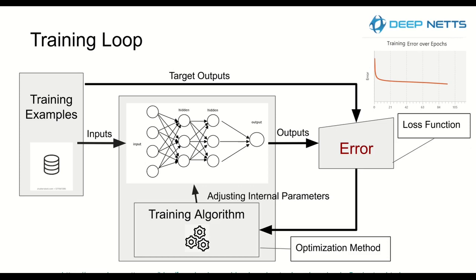By comparing target outputs with actual outputs, we calculate the network error, and then an internal mechanism of the training algorithm, called the optimization method, tunes the model's internal parameters in order to minimize that error. So basically, deep learning is based on learning from mistakes and trying to minimize these errors.